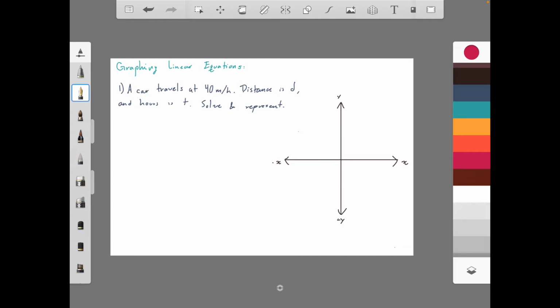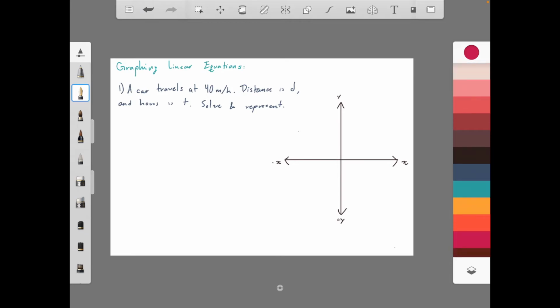Okay, so the first thing we have to do is read. A car travels at 40 miles per hour. Distance is represented by d and hours is represented by t. Solve and represent. Basically, we have to find the values in x and the values in y.